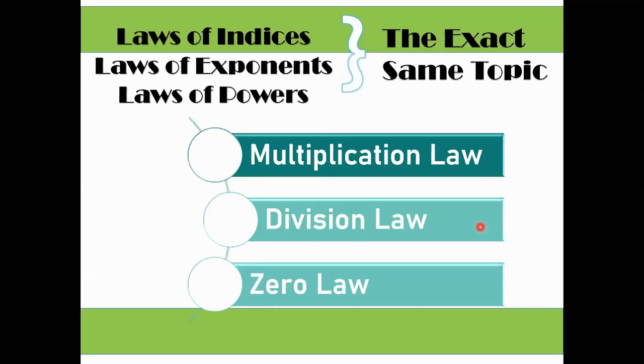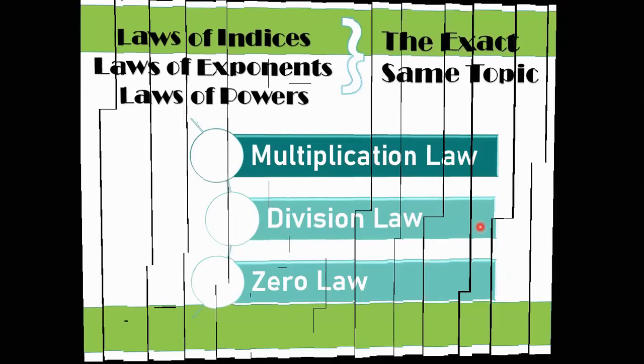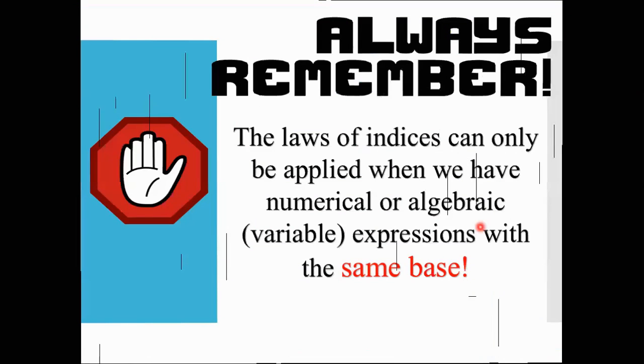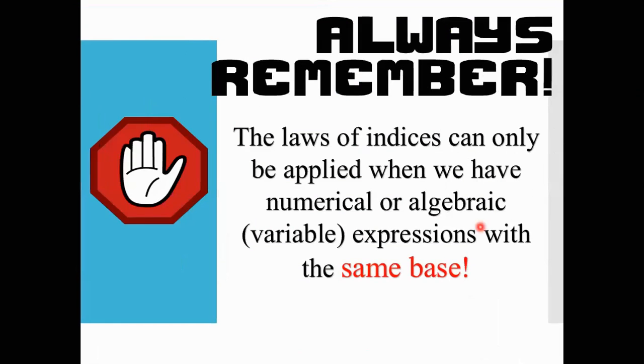I'm going to tell you what you need to write, so have a pen handy. A quick reminder, always remember that the laws of indices can only be applied when we have numerical or algebraic, meaning variable, expressions with the same base.